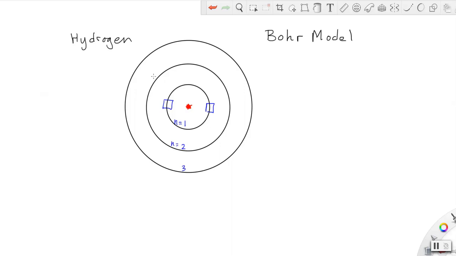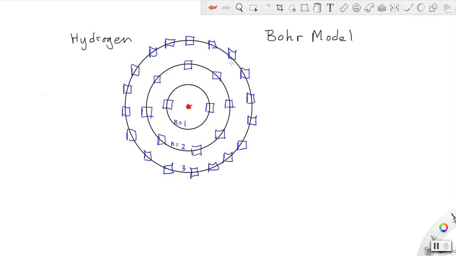Again, this is a very simplified model, so we can address a little bit more subtlety to this later on. We have 8 seats on the n equals 2, and then we have even more on the n equals 3. There are actually 18 seats available on the next layer.